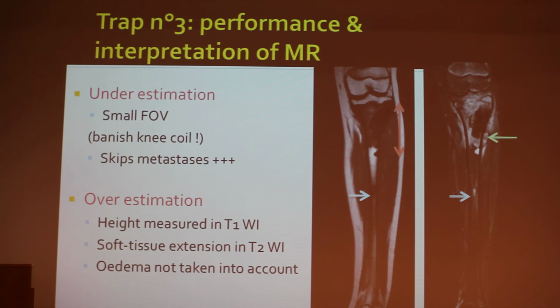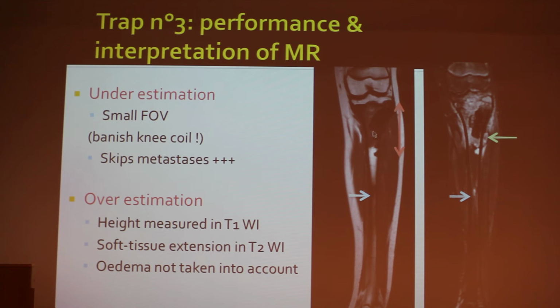You shouldn't underestimate a lesion because of an insufficient study. Whenever you want to study a tumor, you've got to be aware of the possibility, like here in this example on these T1 weighted images, of skip metastasis.